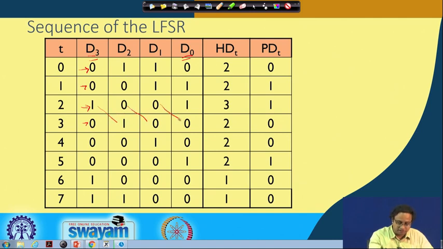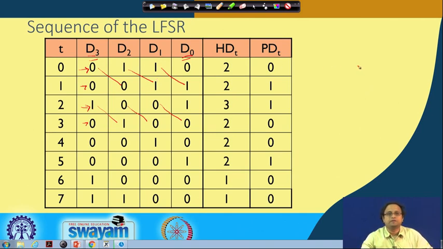These are essentially shifts of these values. So if I start with 0, 1, 1, 0 and proceed like this, these are the corresponding states that emerge one after the other.